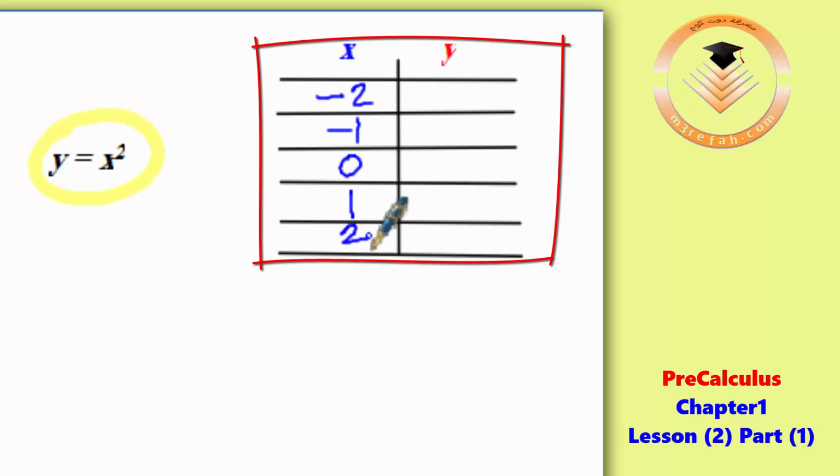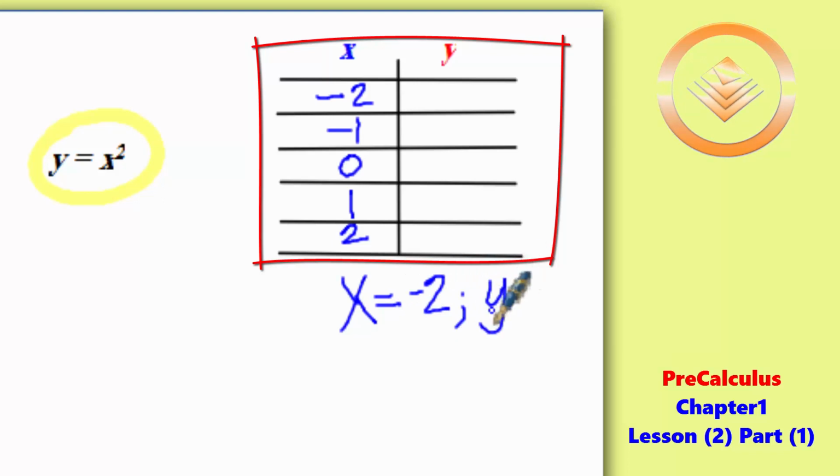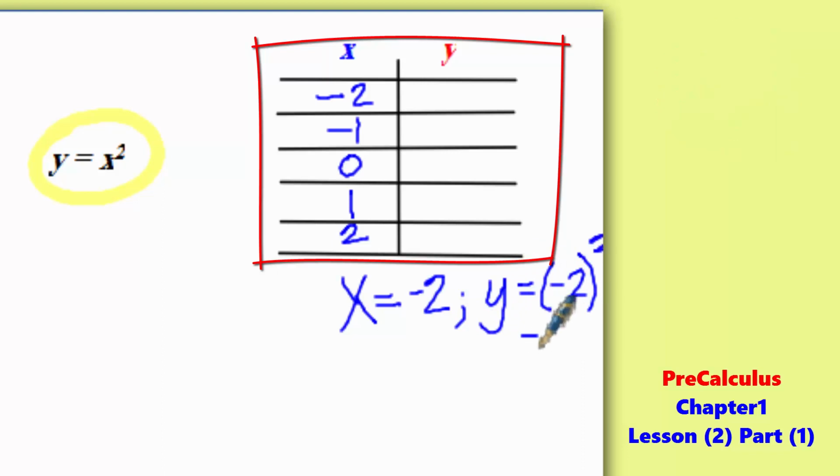Now for x equal to negative 2, just plug in the value of negative 2 to your equation. y is equal to x squared, so that would be y is equal to negative 2 squared. That would give you 4.